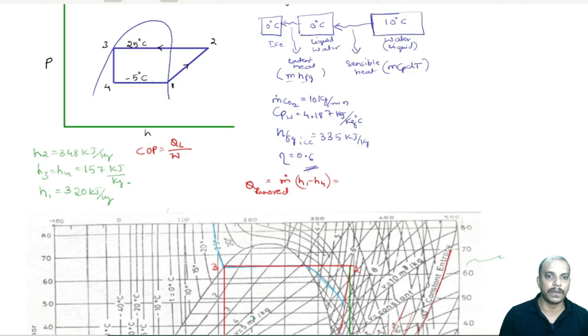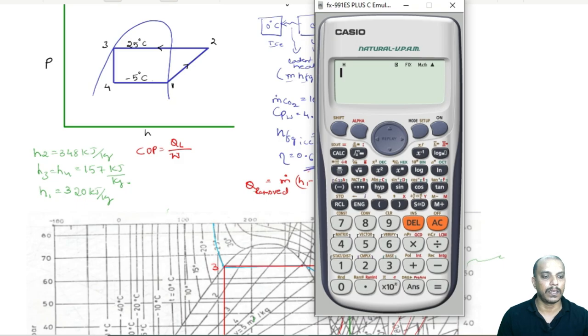Now, mass flow rate of refrigerant, if I substitute in kg per second, and if I have this in kilojoule per kg, then I will have kilowatt, all right, kilojoule per second. Okay. Now, mass flow rate I have it in kg per minute. So 10 here. Now kg per second, it has to be minute converted into second. So 60. So 10 by 60 kg per second. So let me convert that. So that is 0.16.